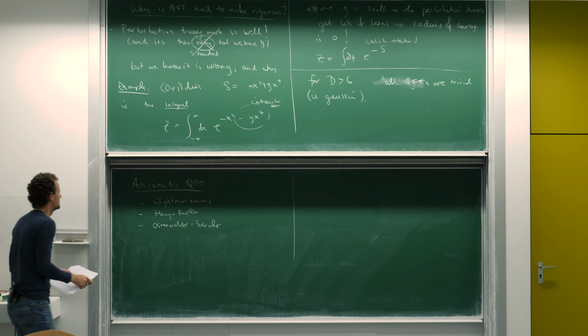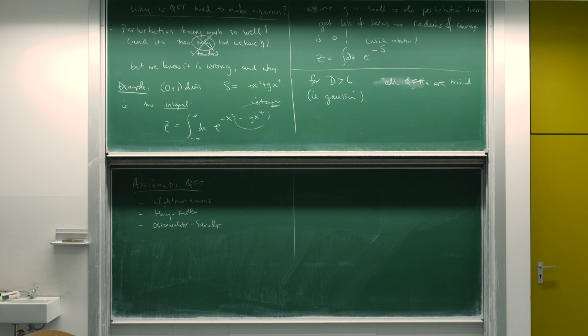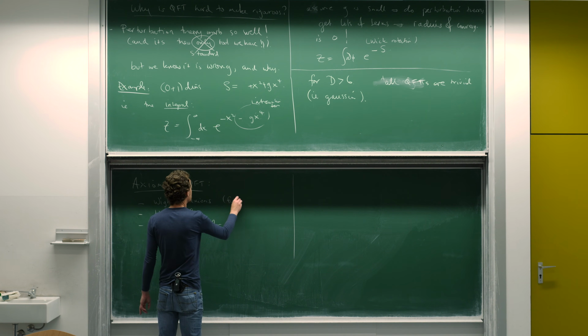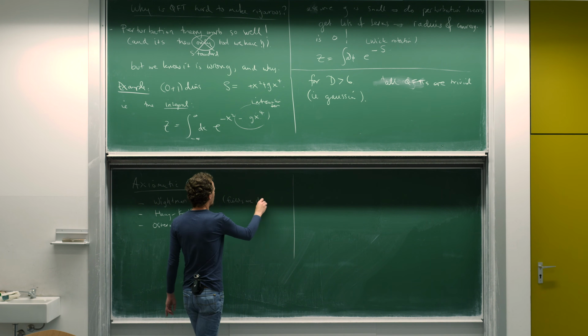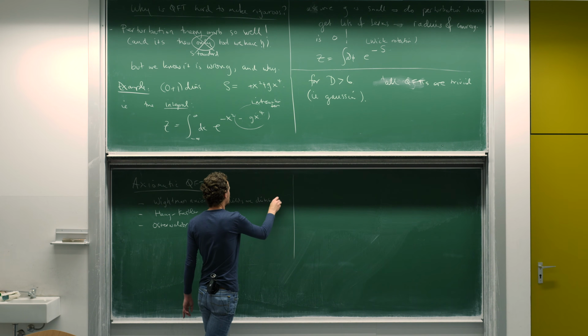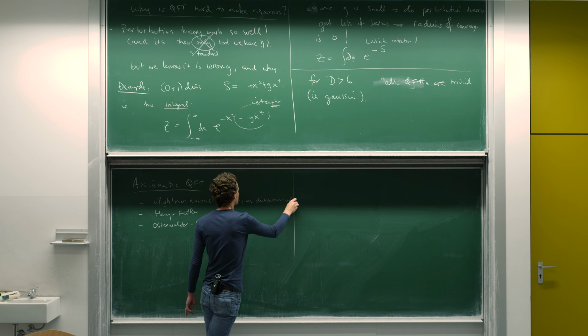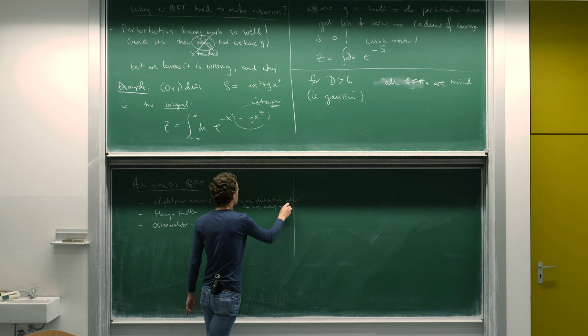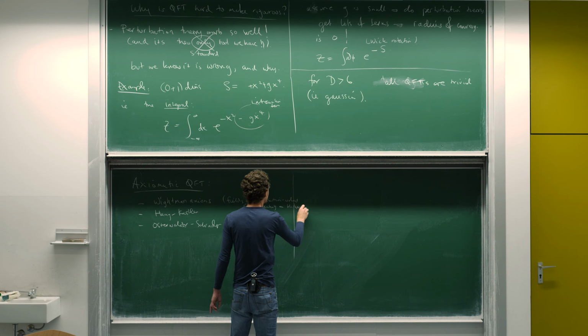Historically, the first were a set of axioms called the Wightman axioms, which describe quantum fields in terms of unbounded operators, or distribution valued objects, acting on some Hilbert space.